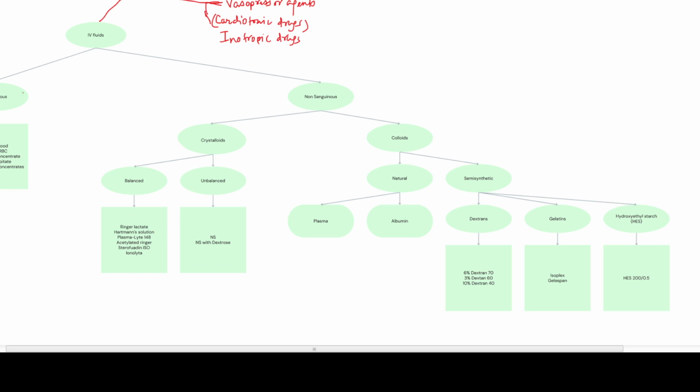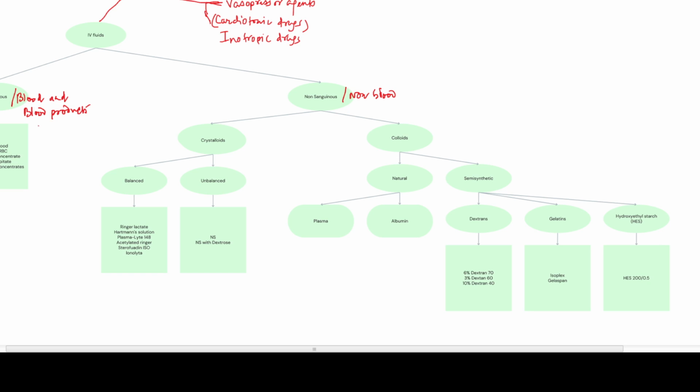Okay, so a better terminology would be blood and blood products. Non-sanguineous could be non-blood. Okay, so these are non-blood or non-sanguineous drugs.